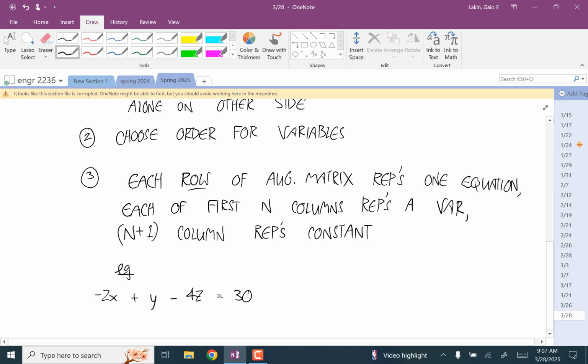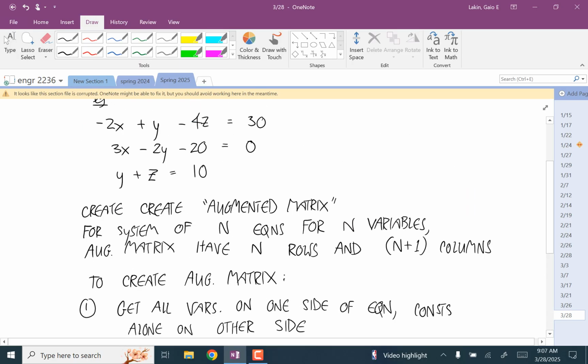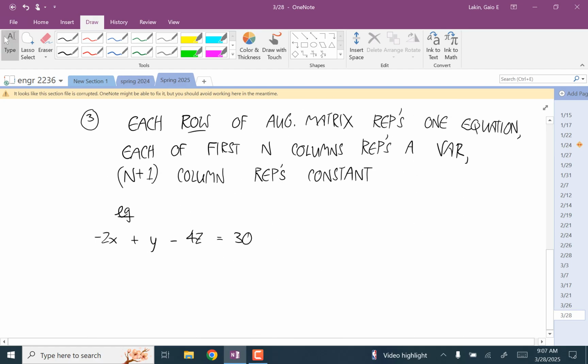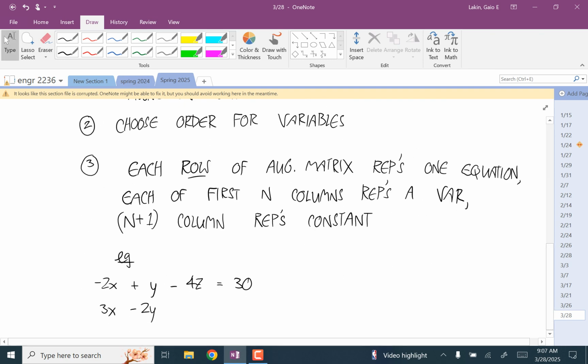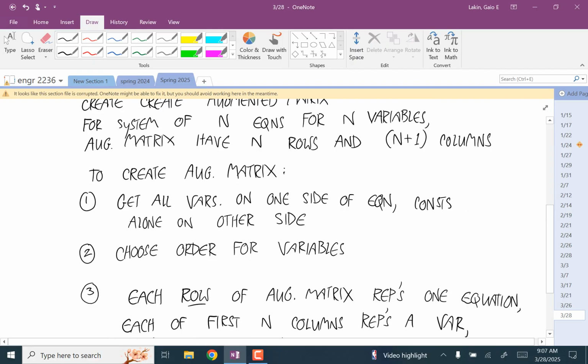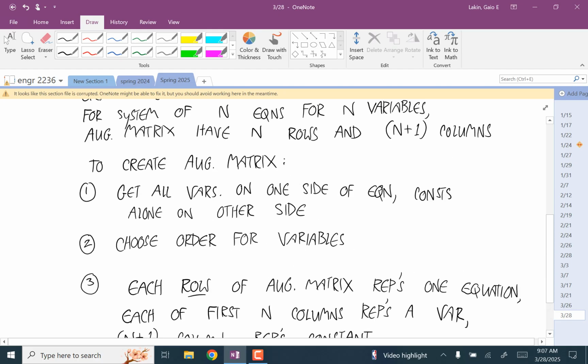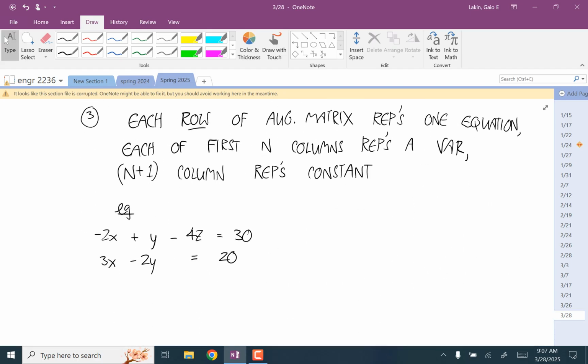That's the first one. The second one says 3x minus 2y is equal to positive 20. Okay, move the constant over to the other side. And then y plus z is equal to 10.